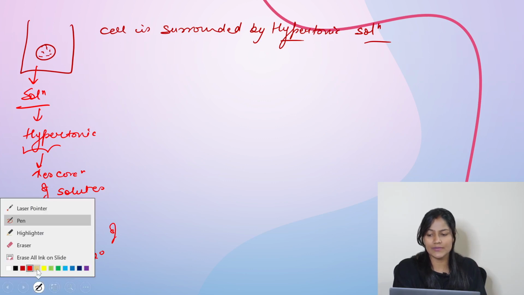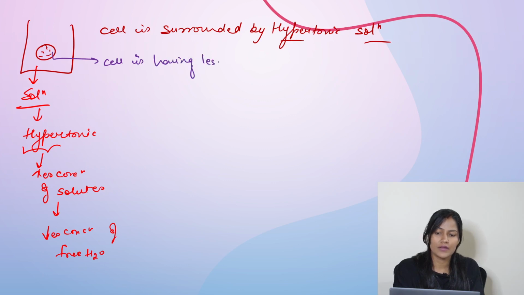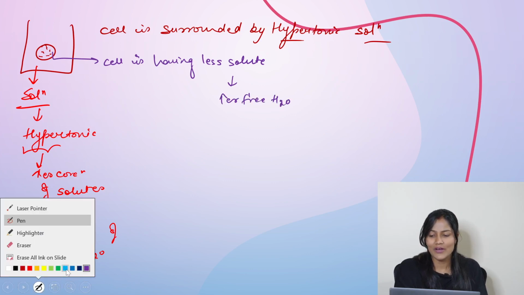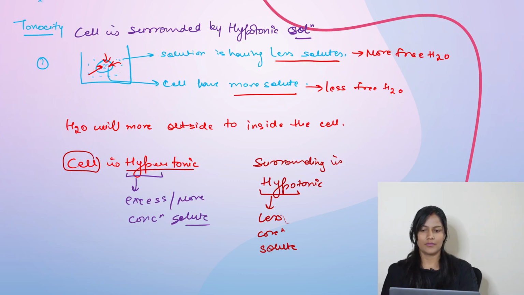In this condition, if we talk about the cell, let's use another color. Yes, so if we talk about the cell, it is having less solutes. Less solute means that there will be presence of higher free water, and hence the water molecules will move outside the cell. Just a second, kids.